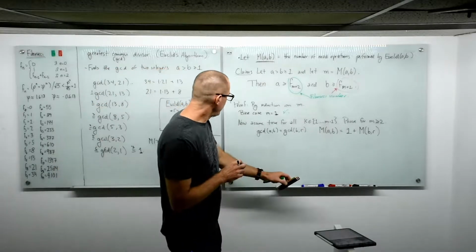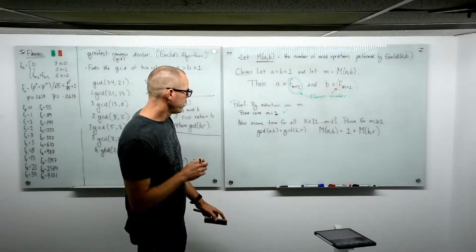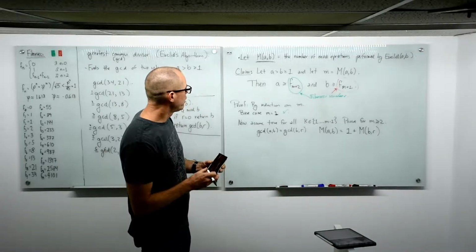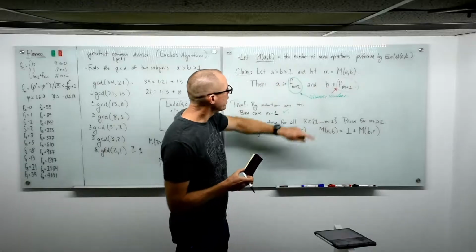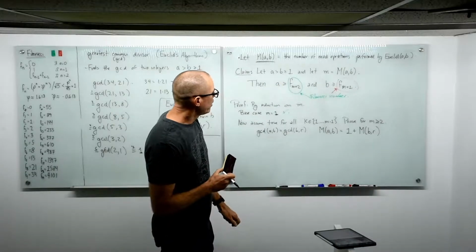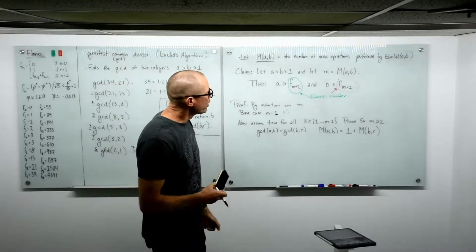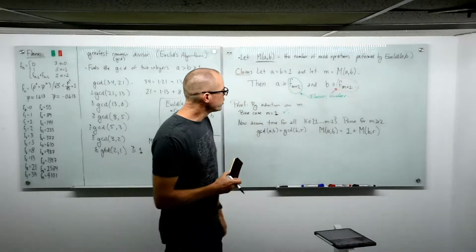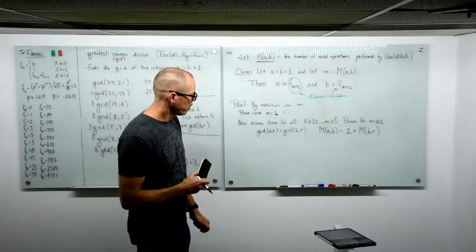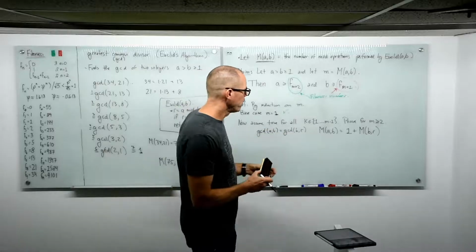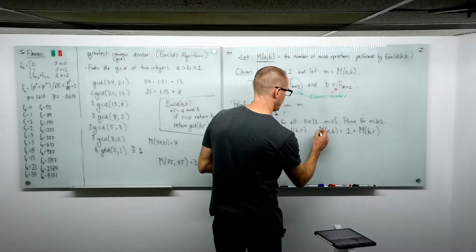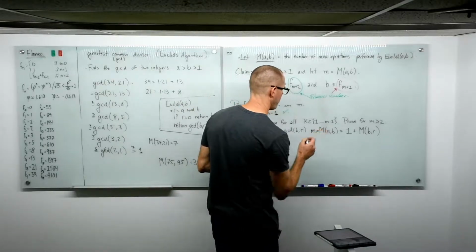But we're assuming that the number of mod operations performed when we compute the GCD of A and B is m. So this thing here, by definition, is equal to m.